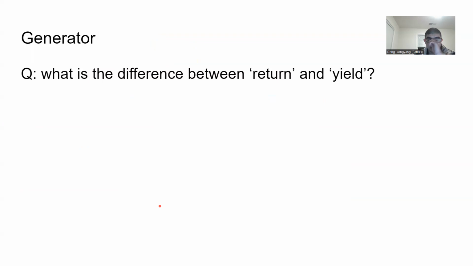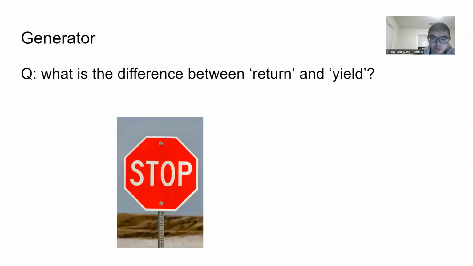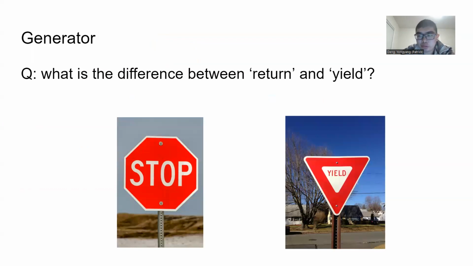So the question is, in a function, what is the difference between return and yield? When you drive on the road, you see two common traffic signs. One is called stop, one is called yield. What's the difference between them? I'm not speaking on behalf of the DMV, but a stop sign means that before entering an intersection, you must stop.